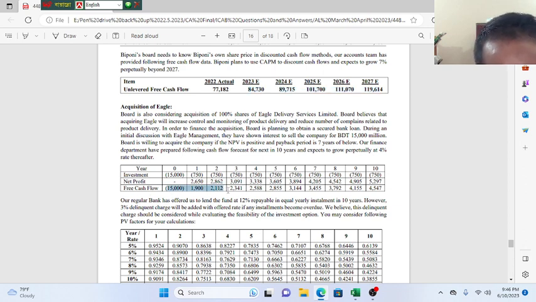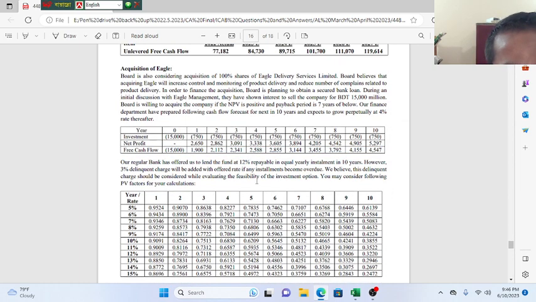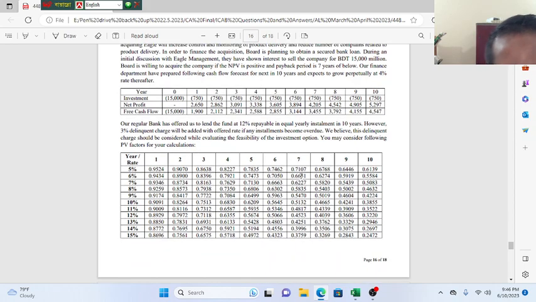We will use the last line of this box, and we will use the discounting rate, which might be 12%, and a 30% delinquency charge. So this may be discounted, and tax benefit will be given.